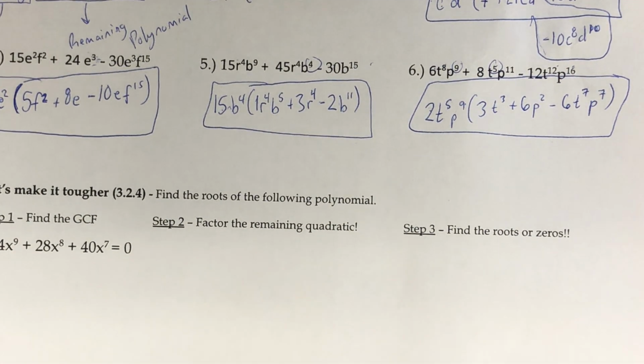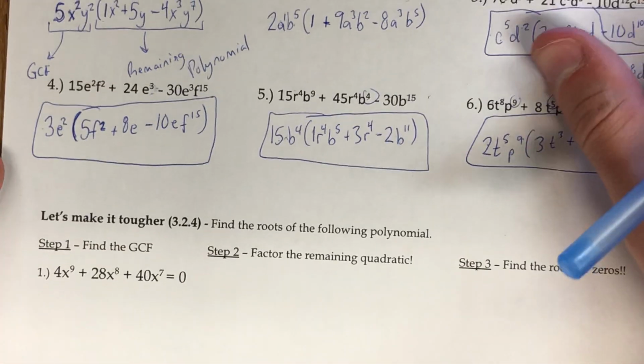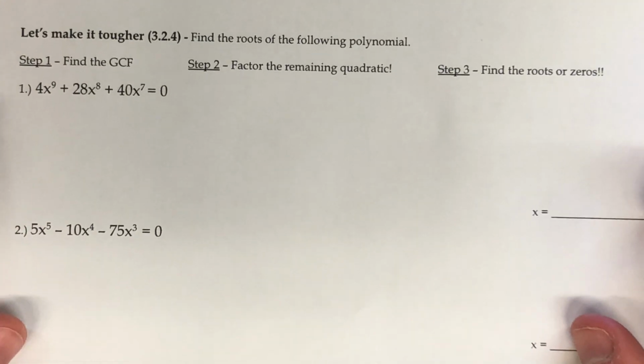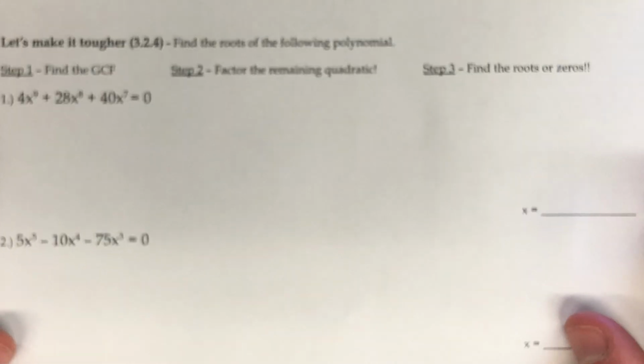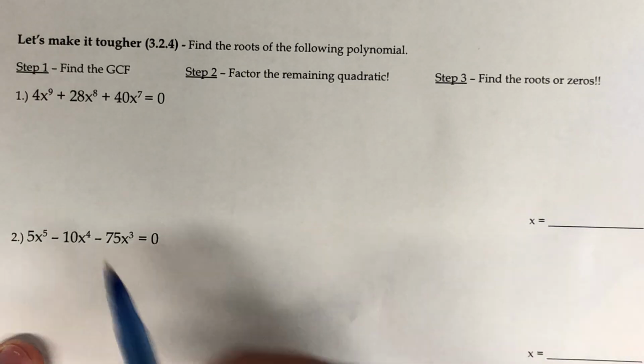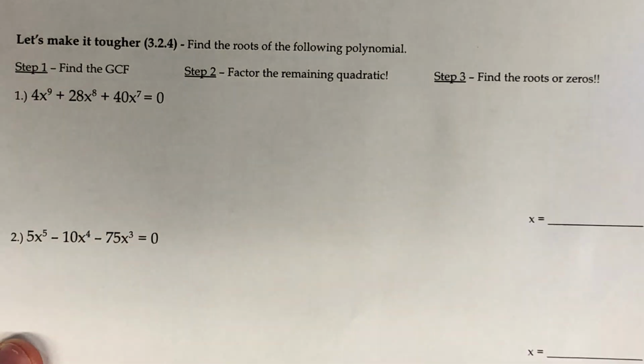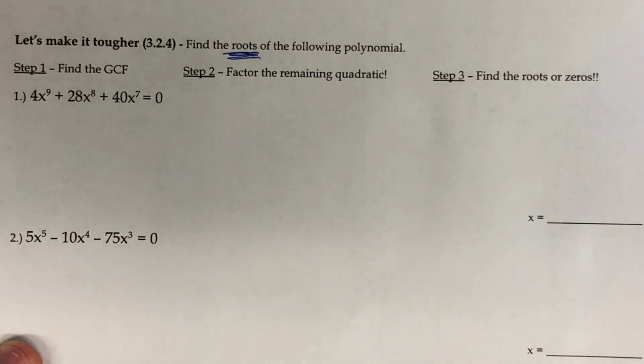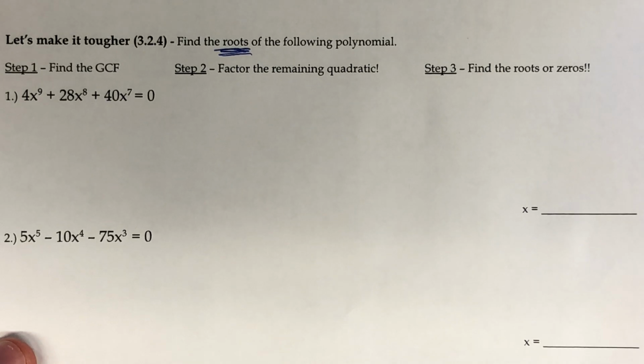Okay, so we just did factoring out the GCF with multiple variables. Let's look at what that looks like with polynomials, kind of as we've been seeing them so far. So when we're finding the roots or x-intercepts of a polynomial algebraically, there are 3 main steps we work through.